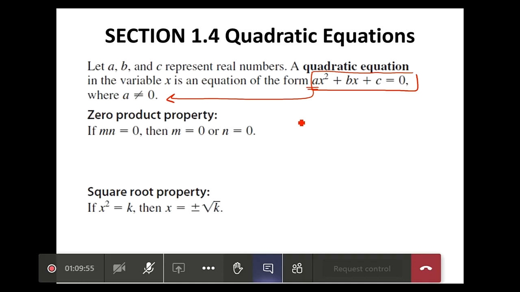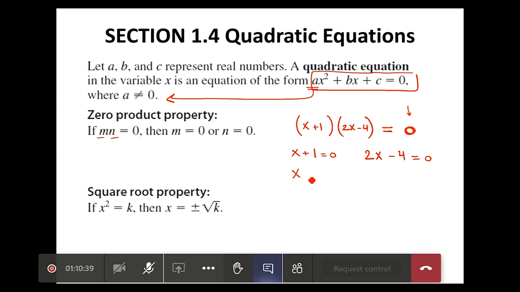Now if we have two brackets equal 0, for example x plus 1 and 2x minus 4. If we have two brackets, for example m and n, multiplied together and the answer equals 0, maybe the first bracket equals 0 or the second bracket equals 0. اوكي، هذا تعلمته يعني يا مستحيل انه حاصل ضرب equal 0 الا اذا كان واحد منهم 0.